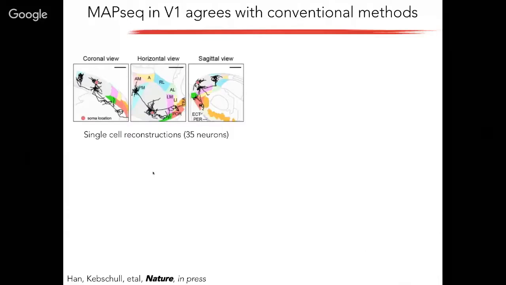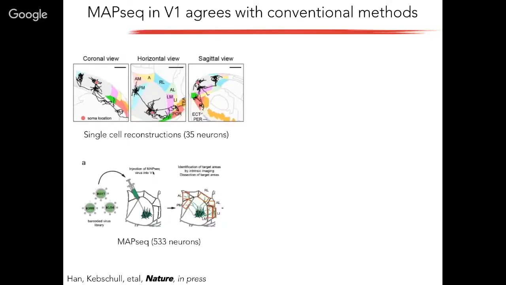I'll also say that more recently, in collaboration with Tom Flogel's lab, who did a bunch of single neuron reconstructions in visual cortex, we compared their reconstructions, 35 neurons in a couple of years, to some MAPseq studies of those same projections, 533 neurons in a handful of experiments.